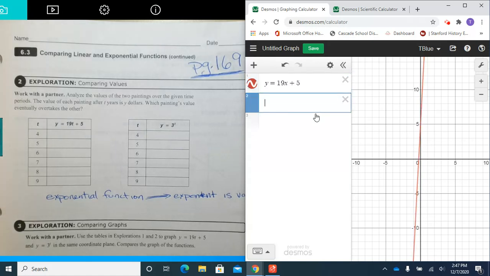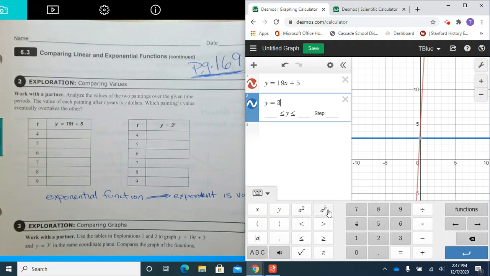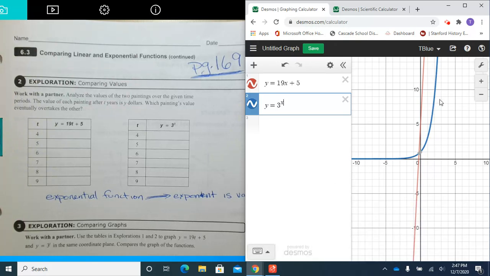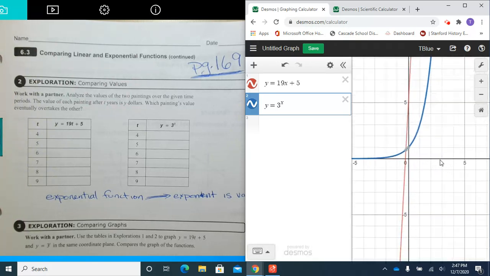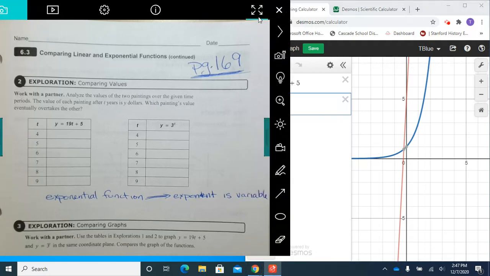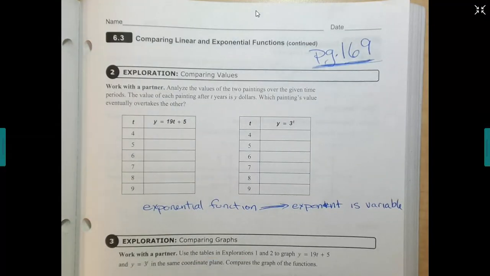And then our other function, y equals 3 with the exponent of x, gives us an exponential function. So here you have blue is exponential, that's an exponential function, and then the red is a linear function. Okay.